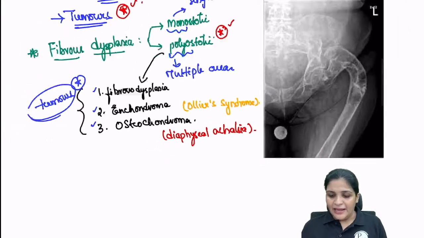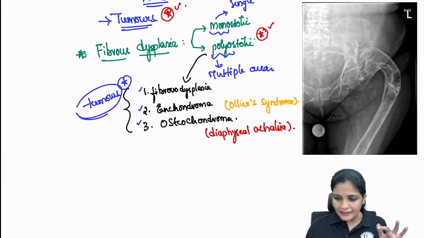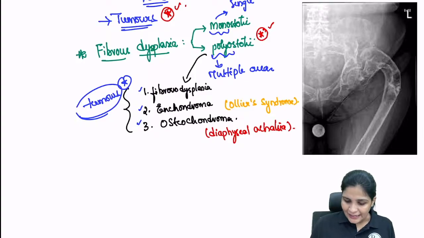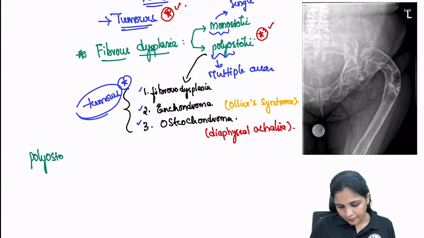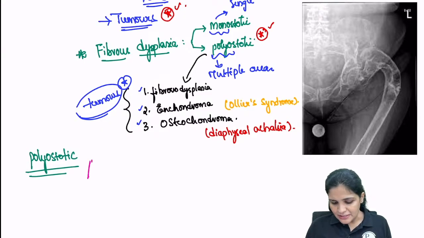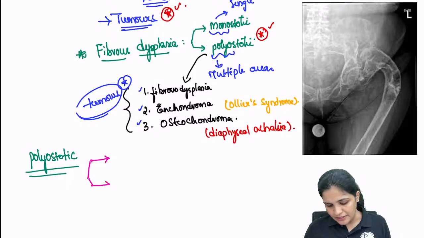Fine. Now coming to fibrous dysplasia again. What are the most important things you have to remember? Whenever I say that fibrous dysplasia is polyostotic, there are two important things to remember here. This is associated with two important syndromes.